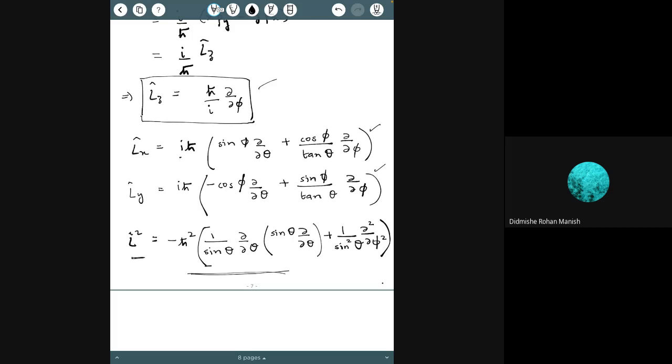It doesn't act on it, right? So the x coordinate of the wave function does not affect the y component of the momentum. So you can think of it in that way also. So for every direction the operators are clear.